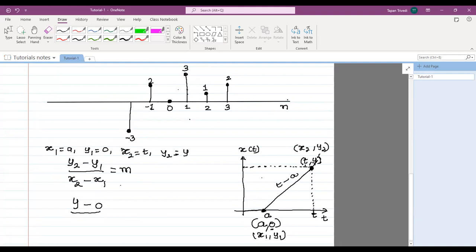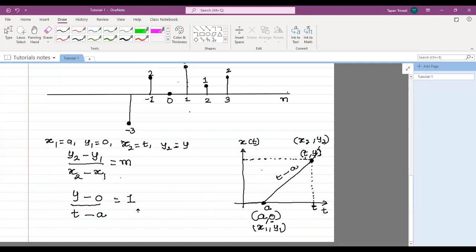So y minus 0 upon x2 which is t minus x1 which is a, is equal to m, which is 1, because in case of ramp function the slope is 1. So then I will get y is equal to t minus a. y is nothing but x of t, so I can say that it is t minus a. समझ में आया?